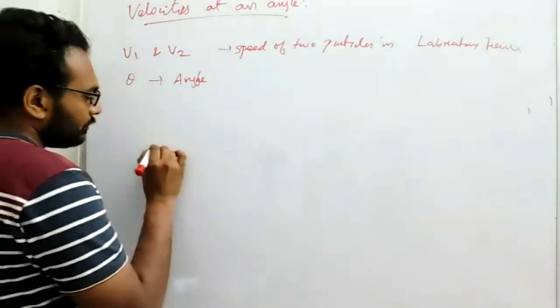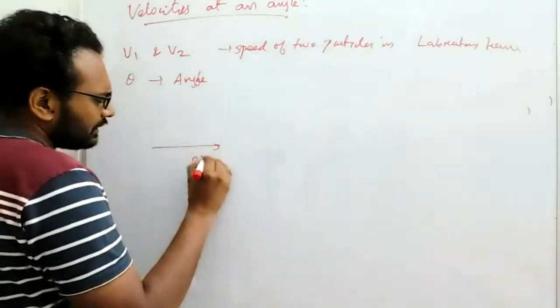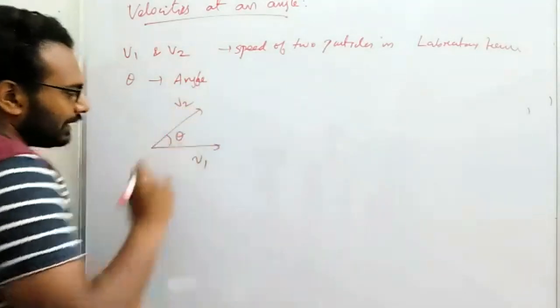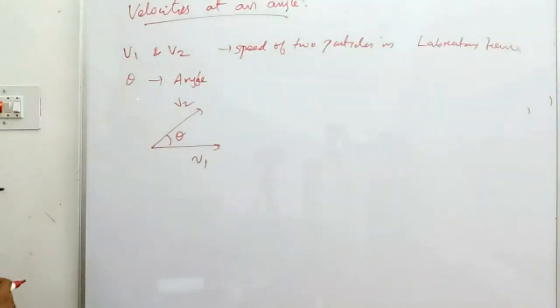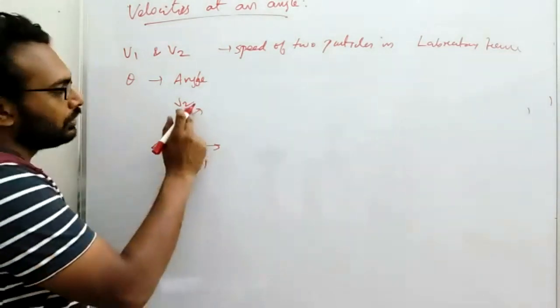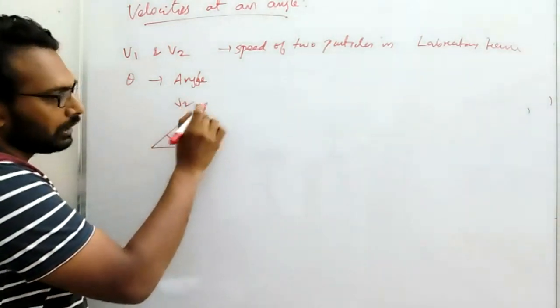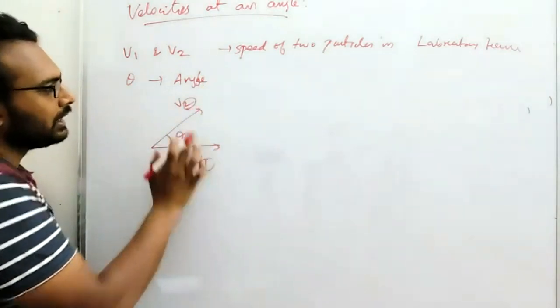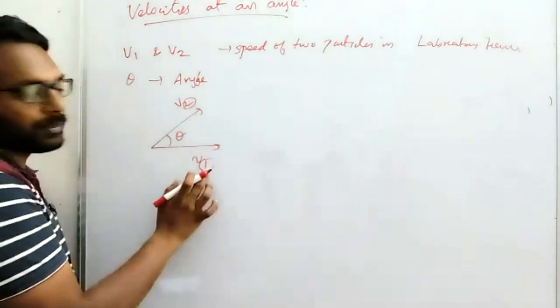So when you look at this from the lab, this is V1 and this is V2, and this angle is theta. Now you need to calculate the velocity of this particle 2, and this is particle 1. So what's the velocity of particle 2 with respect to particle 1?